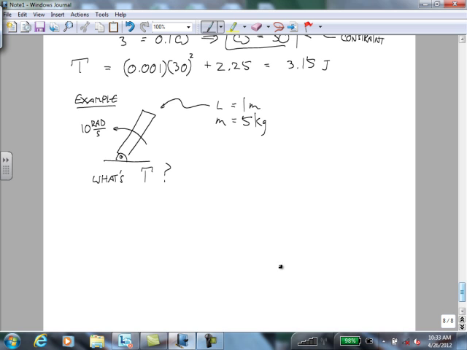So this rotates about a fixed point at the pin, so our about point is going to be the pin. For a slender rod, the moment of inertia about the center of mass is 1/12 times the mass times the length squared.